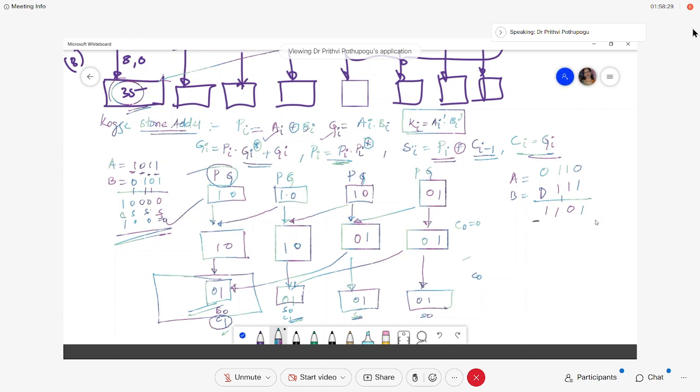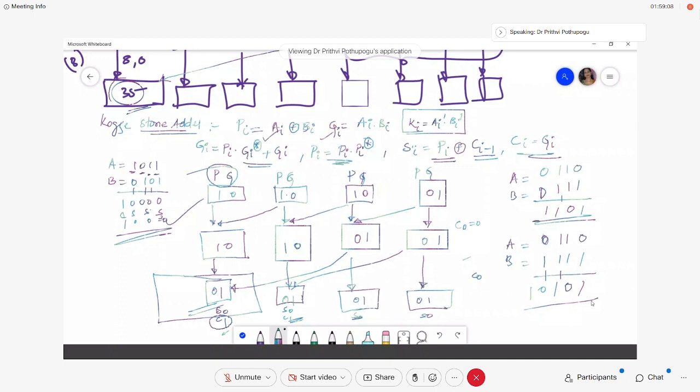Do this also: 1, 1, 0, and 1, 1, 1, 1. Try to work it out.